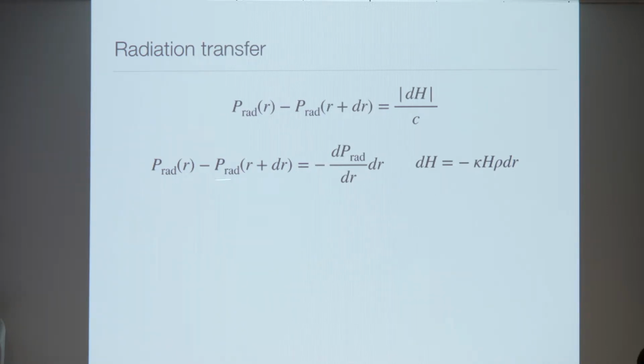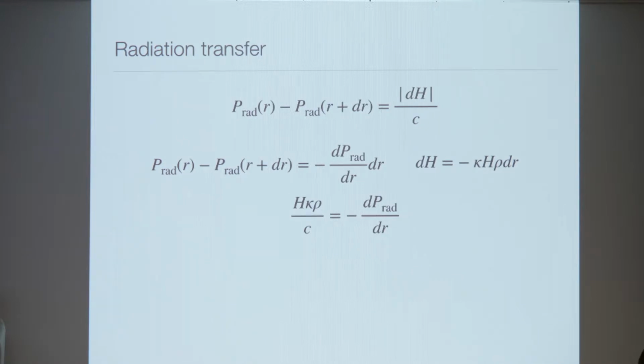and then again if you assume some small change, then this part will be like this. And then as we saw, this difference in the flux will be written in that way.